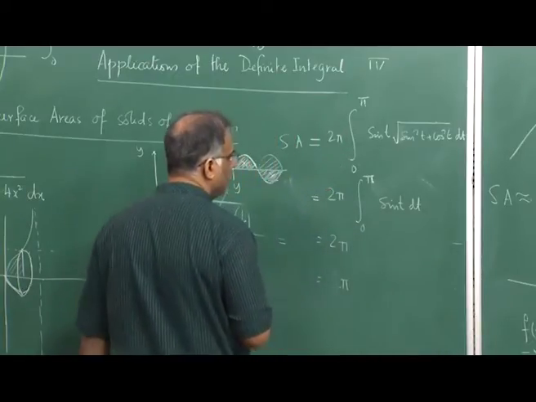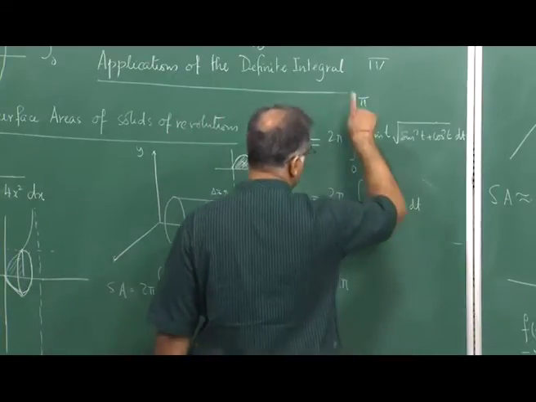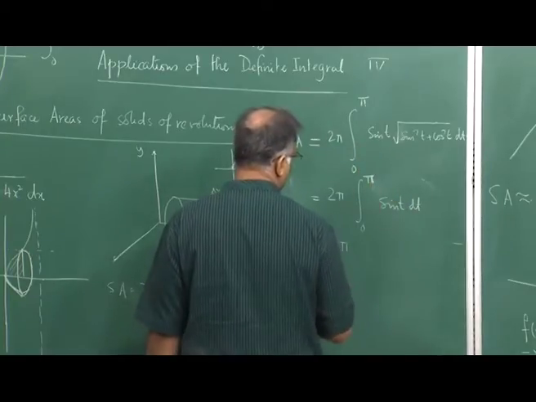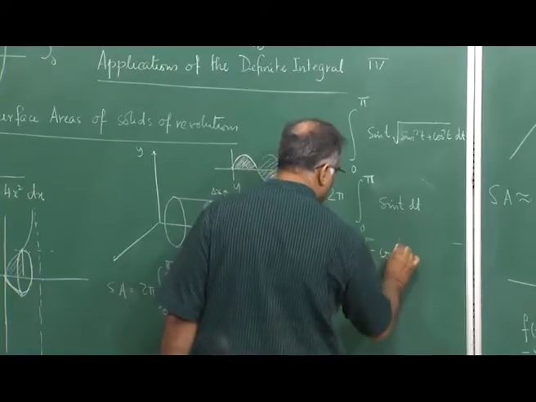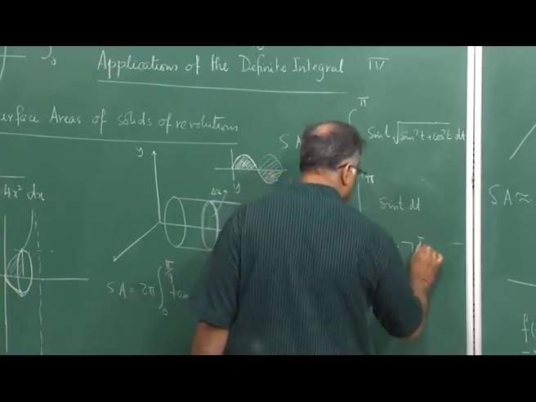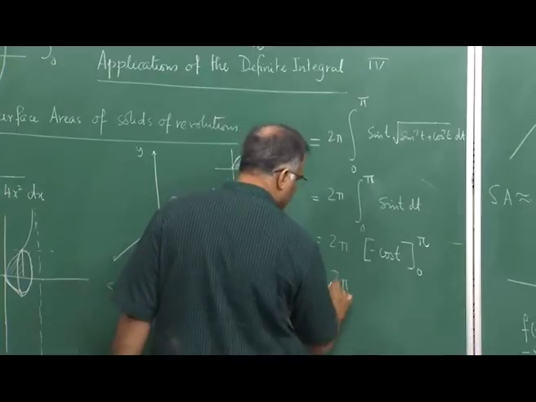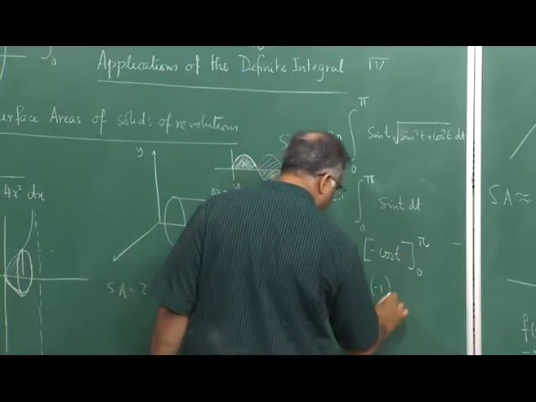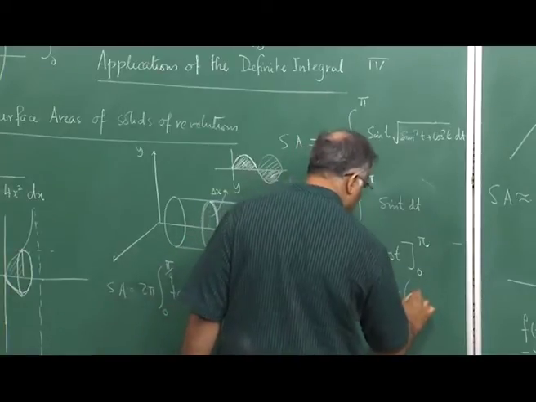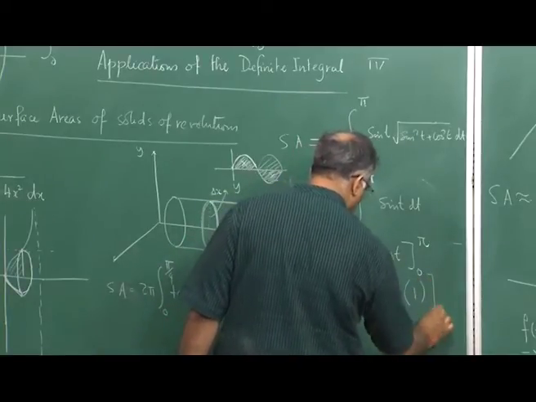So, if you have this sin from 0 to pi, let us do it. What happens? The surface area is 2 pi into minus cos of t from 0 to pi. So, this is 2 pi into cos of t, cos of pi is minus 1, minus 1.